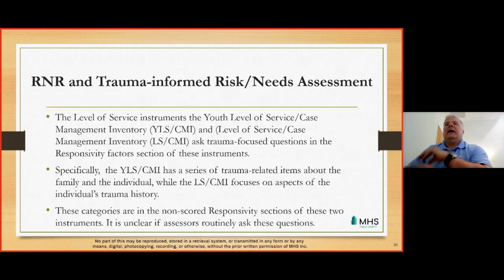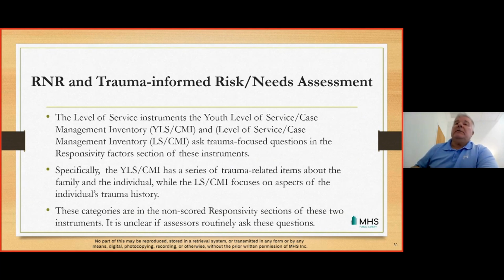Two instruments that I use, and of course, I'm a trainer for them, are the level of service instruments, the Youth Level of Service and the Level of Service for the adults. They do ask trauma-focused questions in the responsivity factor sections of these instruments. Specifically, the YLS has a series of trauma-related items about the family and the individual, and the LS/CMI focuses on individual trauma history.